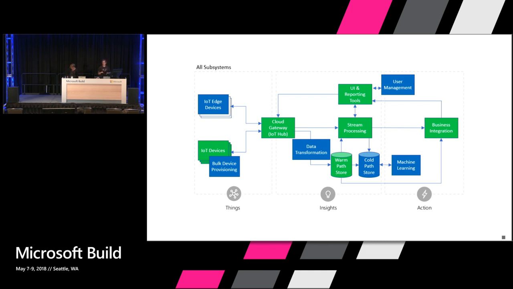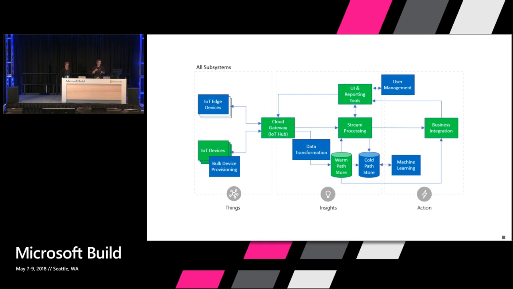Data transformation is next. Data transformation is kind of funny, I think, because by data transformation, what I mean is I'm sending telemetry data, and an example is, say it's in a very deep hierarchy, and before I stream process it or before I store it, I want to flatten it. That's it. It could be much more complex than this, but it's a simple, practical example that I've seen a few times.